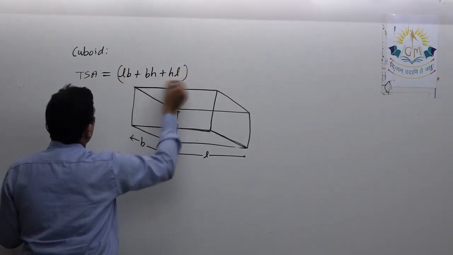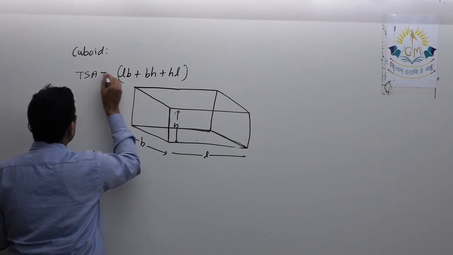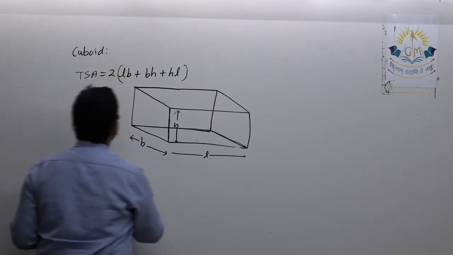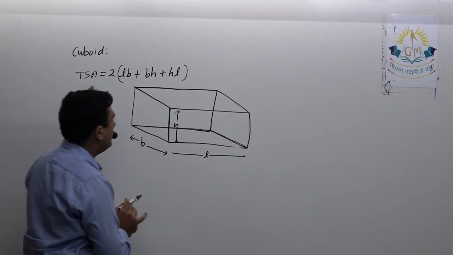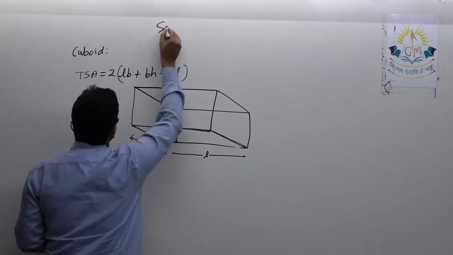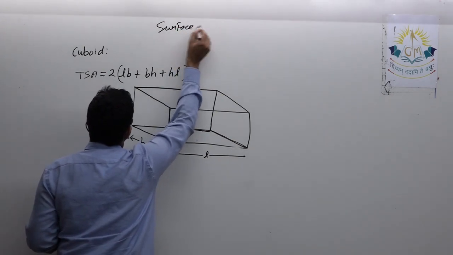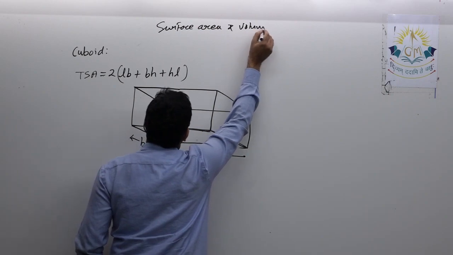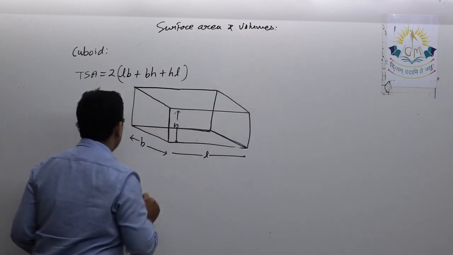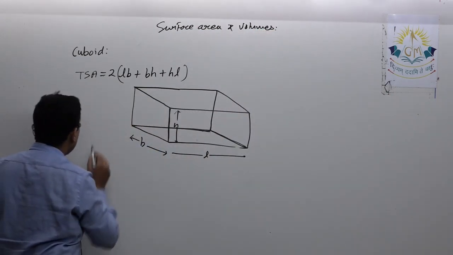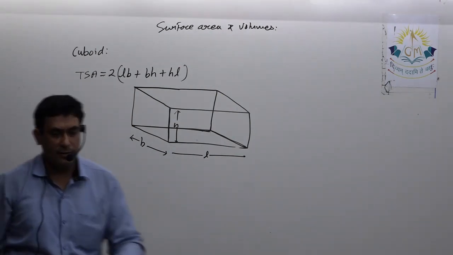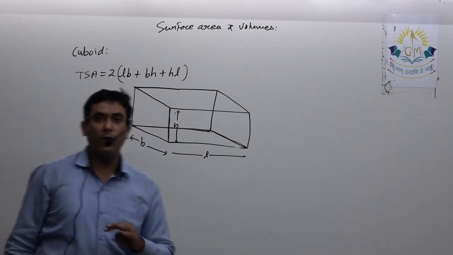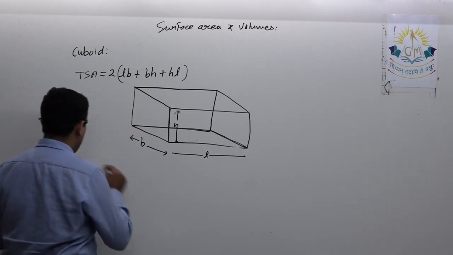All the surfaces occur two times, so it is twice of LB plus BH plus HL. This is the total surface area of a cuboid. TSA means total surface area. That means the sum of the areas of all the surfaces.